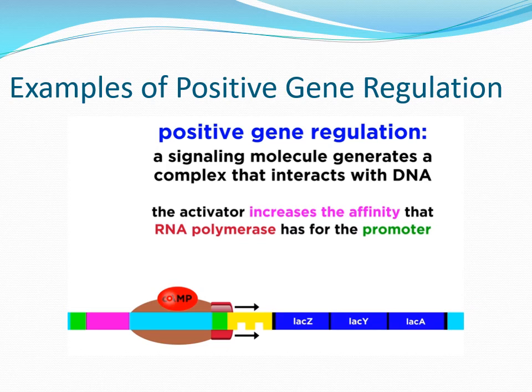Now, this is the example of positive gene regulation. It induces transcription of the genes of this polycistron. So this is the example of positive gene regulation. In eukaryotes, mostly positive gene regulation is met with.